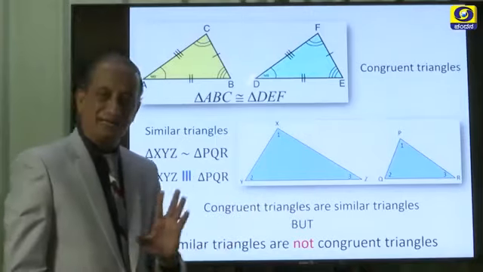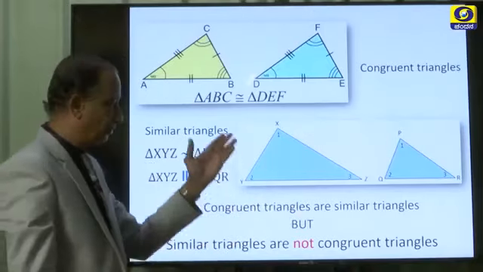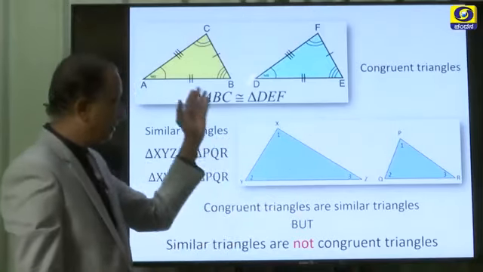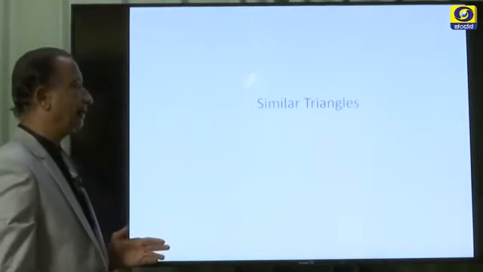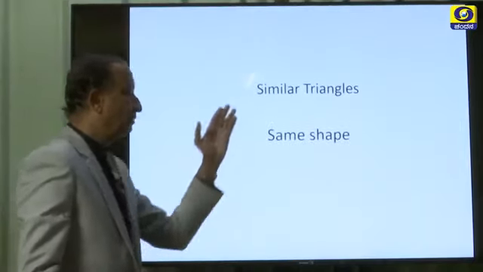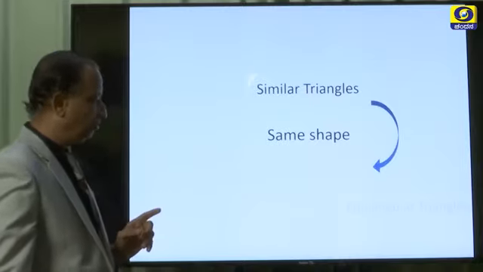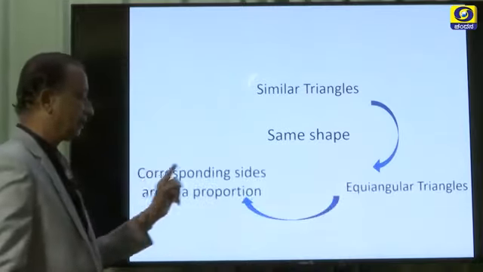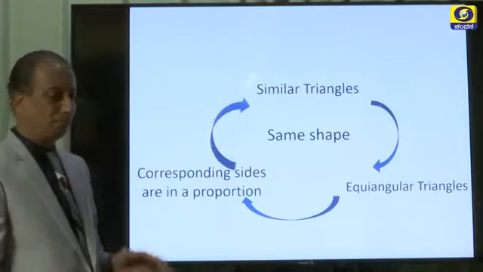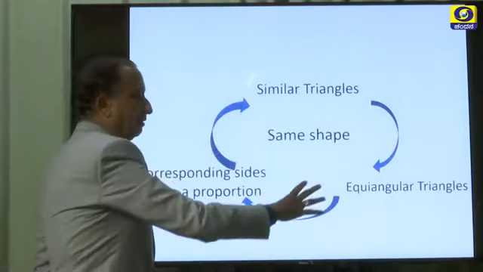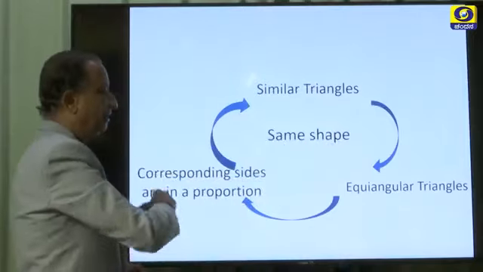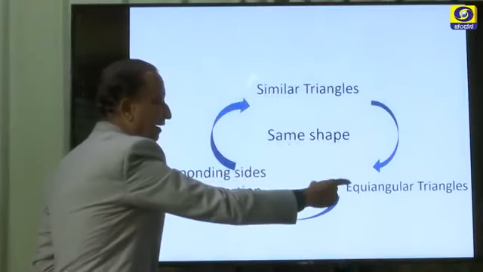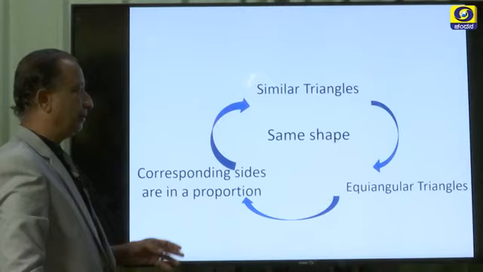Congruent triangles will be similar triangles also, but similar triangles need not be congruent triangles. So, similar triangles means same shape, they will be equiangular triangles and the corresponding sides will be in proportion. So, you can form something like a cycle like this regarding the definition and the two fundamental properties.